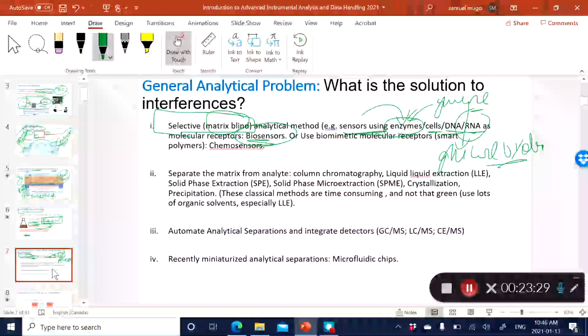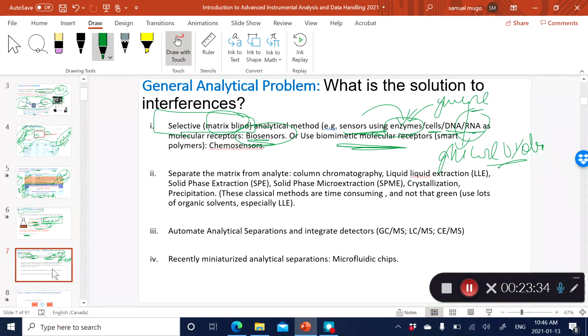In that case, chemists sometimes go for what they call biomimetic molecular receptors. This is where chemists synthetically manufacture receptors that are very specific to the analyte of interest. In my research group, that's what we mainly do. We make smart polymers that are very, very specific to capture certain types of analytes, and then we can do detection using different types of instrumental methods.